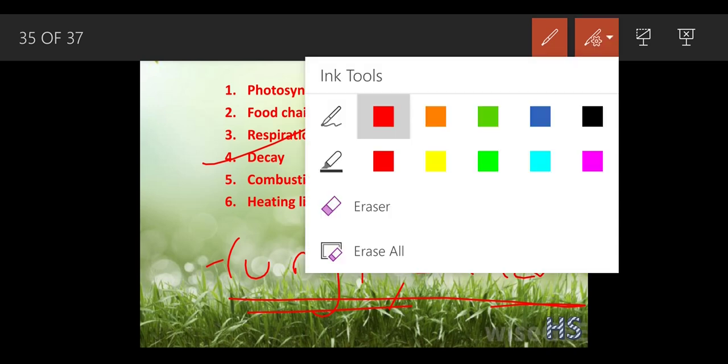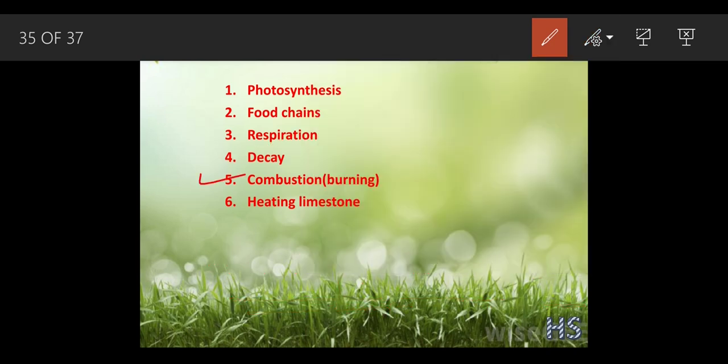Now let's talk about the combustion part. Combustion means simple burning. When the plants and animals die, they are buried under the soil, and after millions of years there is a formation of important fossil fuels. You have heard this word before also.